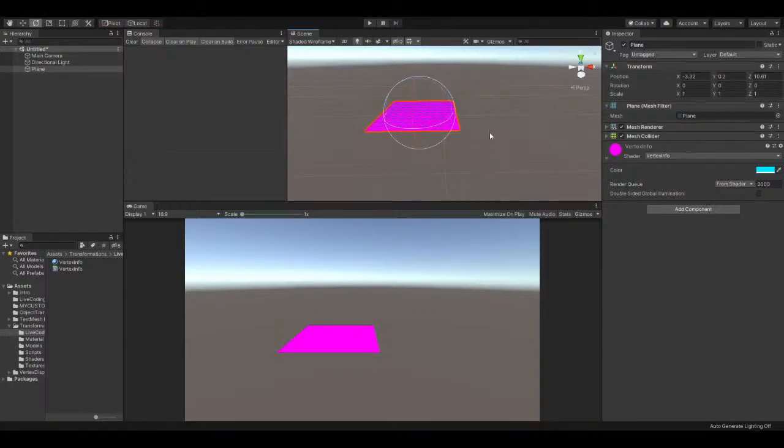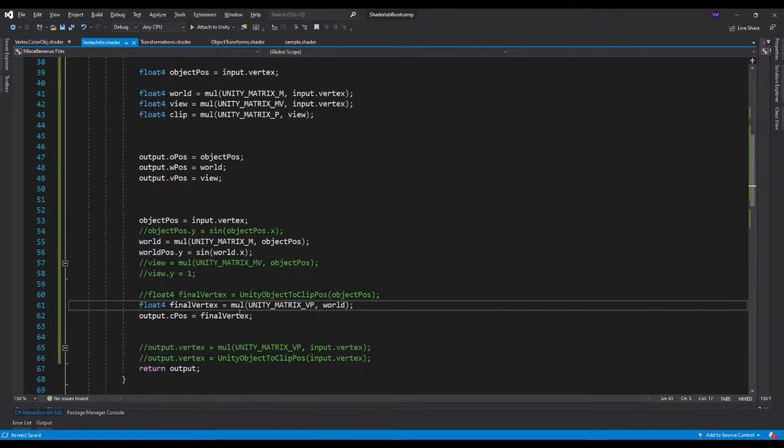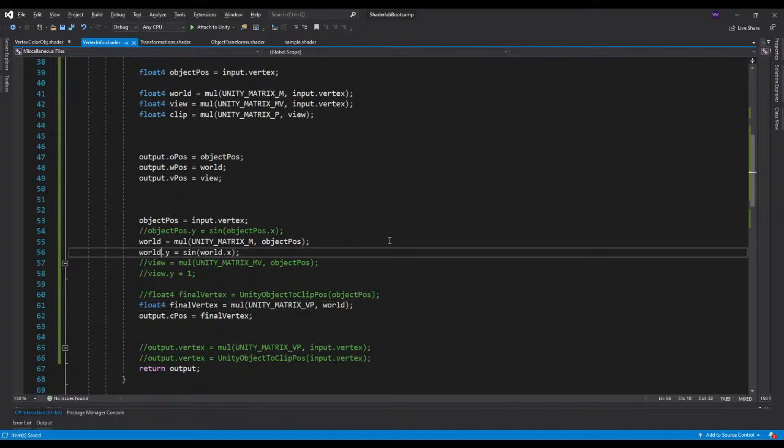So fine, we got an error here. Wow, what was that? World pose is an undefined identifier. World pose, where is world? Okay, it's not world pose, it's world, guys. You should have told me.